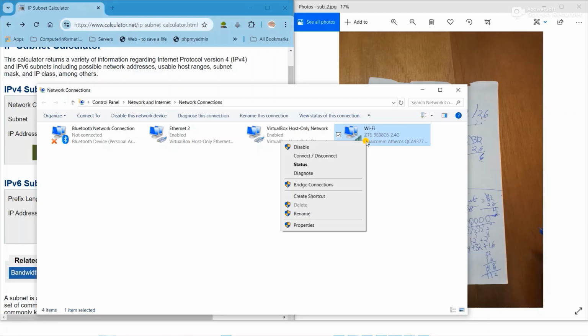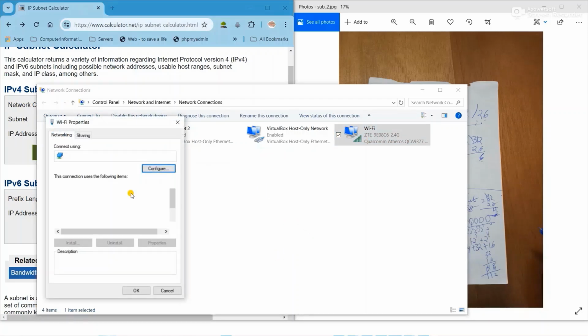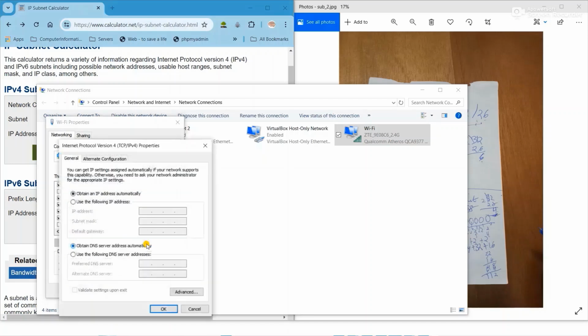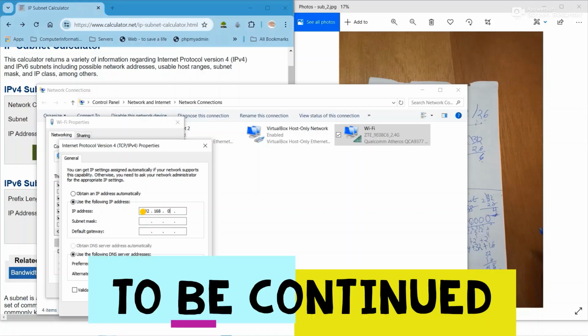You have to go here and then you come to your network properties, then you say this is the subnet you want to use. So you specify the IP address 192.168.0.1, and then you give it the subnet max.